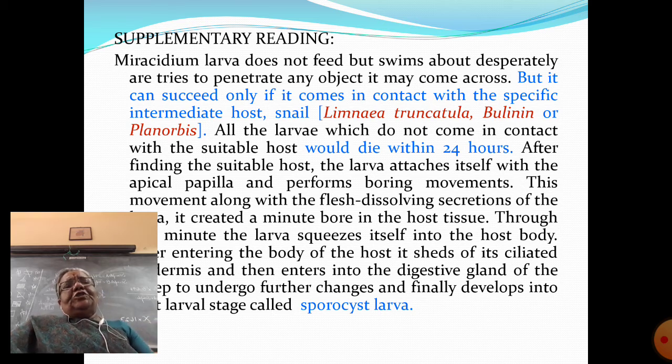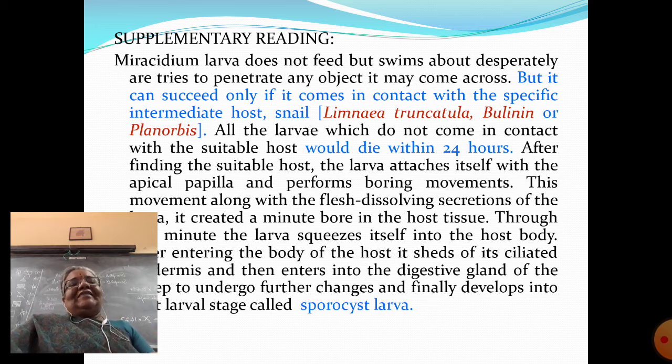And the larvae which do not come across this suitable host will die within 24 hours. And if they happen to come across the suitable snail host, they further develop into the next stage of the larva, that is sporocyst larva.